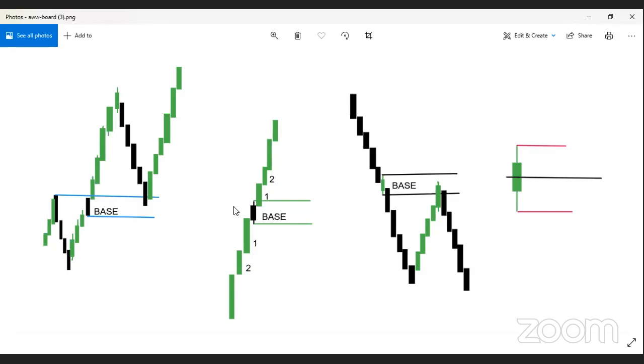A base, we can say maybe it's this. If we look at these candles, 1 2 1 2, our main focus is these two candles. These two candles are the same, and these two candles are the same. So this one is just a different candle. It's in the middle of bullish candles. You can say it's just like an outline, this one. So we call that candle a base.